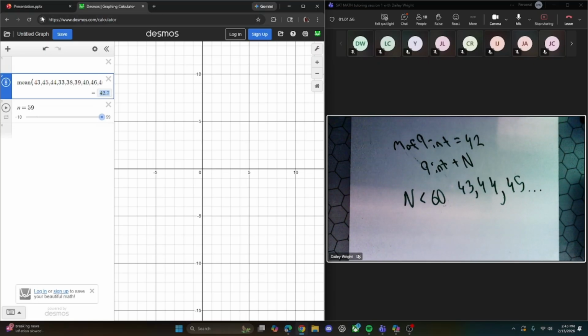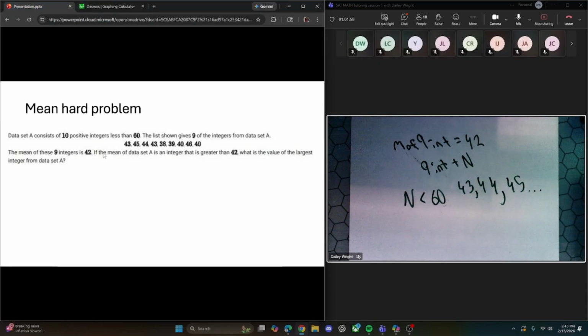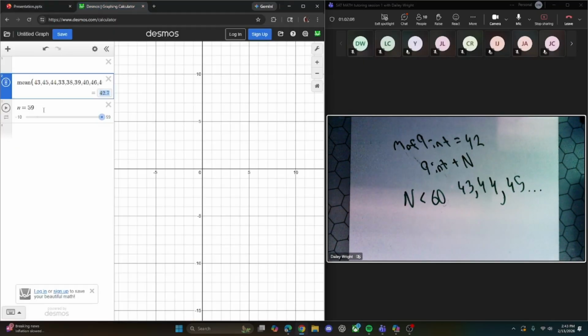We need the mean to be an integer because it says the mean of dataset A is an integer. So the whole dataset, the mean has to be an integer. And it wants what the value of the largest integer is from dataset A. So we just keep going down until this mean shows an integer. So it's 58, 57, 56, 55, 54, 53, 52.